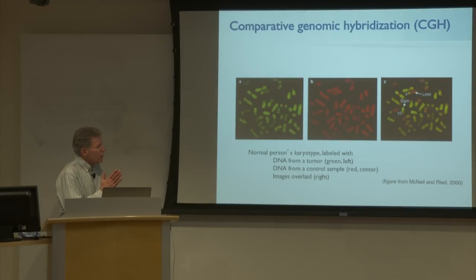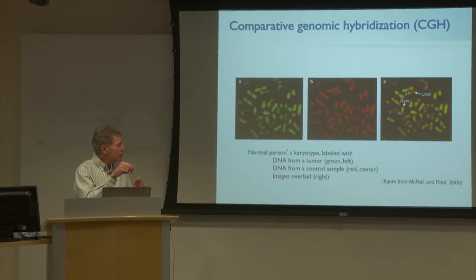The next technology that really drove the field forward was comparative genomic hybridization, where we figured out that we could stain chromosomes. We could hybridize DNA to chromosomes as a template, and we could stain the DNA.